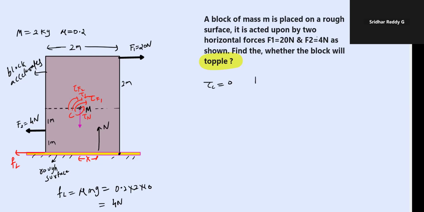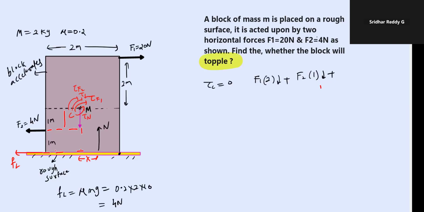Torque due to applied force F1 into 2 meters. Torque due to this one, 1 meter and this 4 Newton, clockwise. Torque due to friction, this is 2 meter.